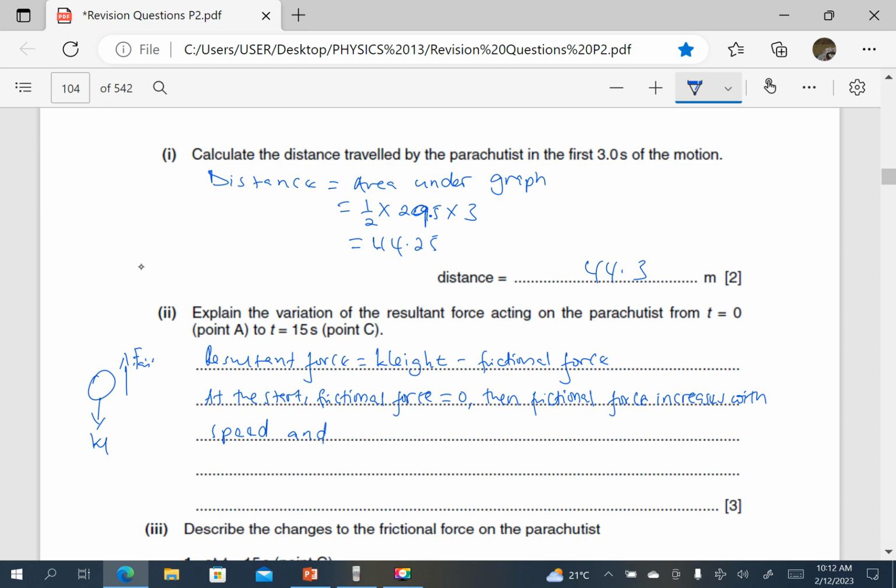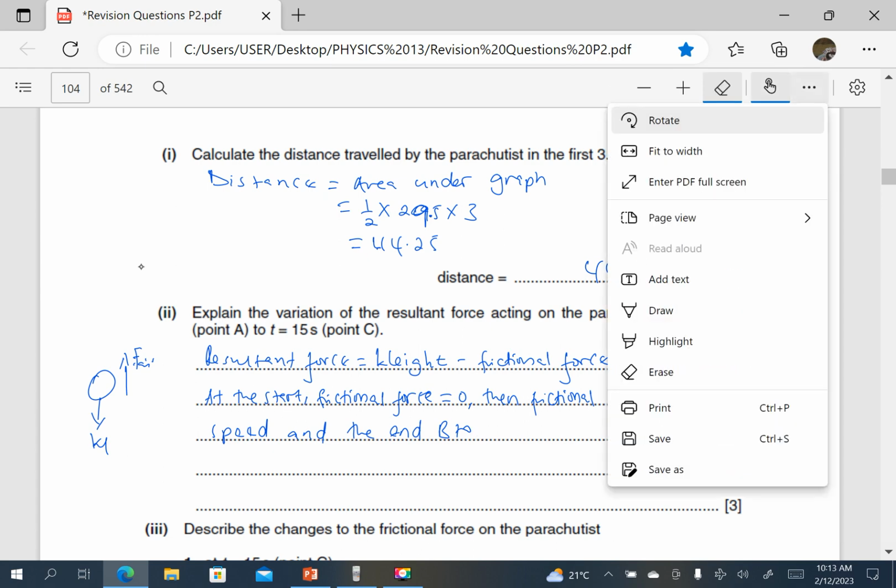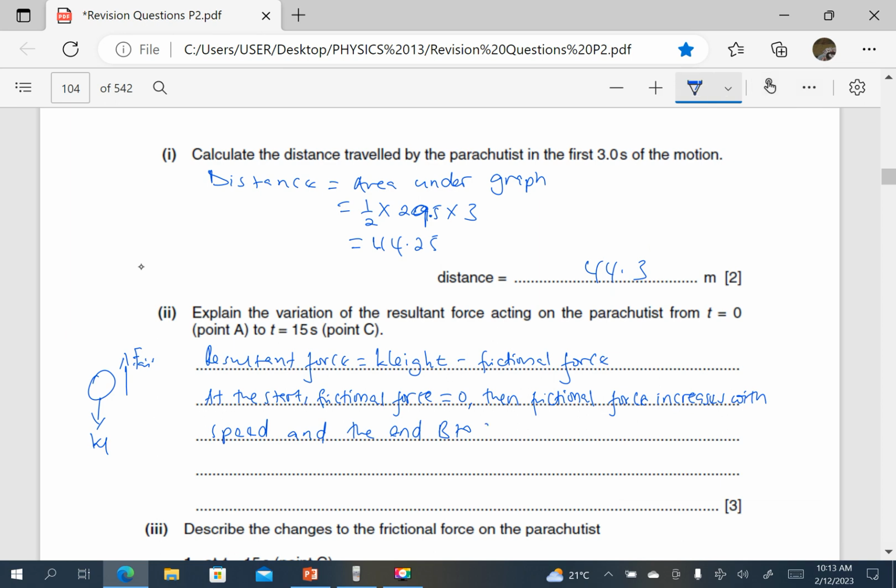And we see that at the end, that is between B to C, the frictional force equals the weight.